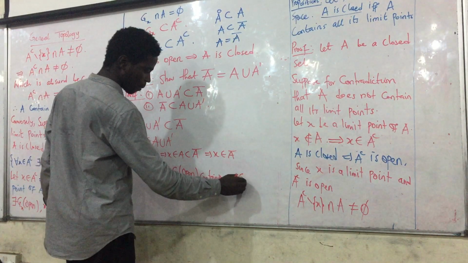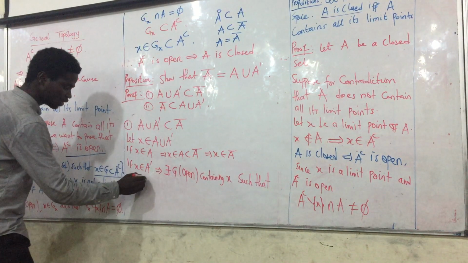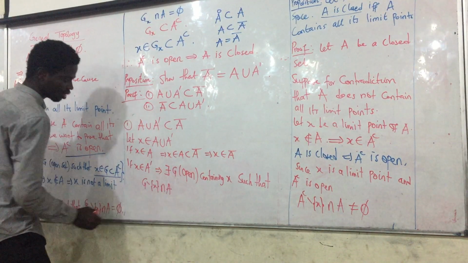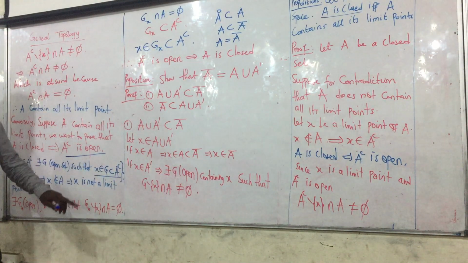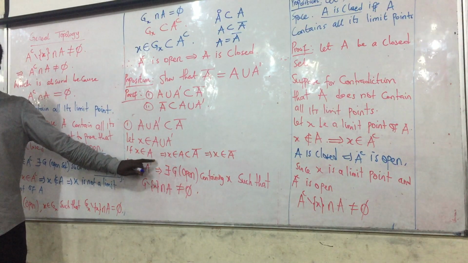So that G removing S, intersection A is not empty.